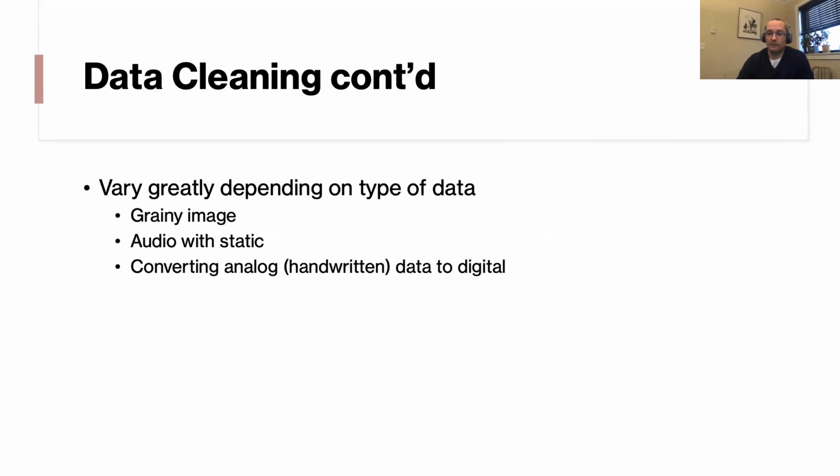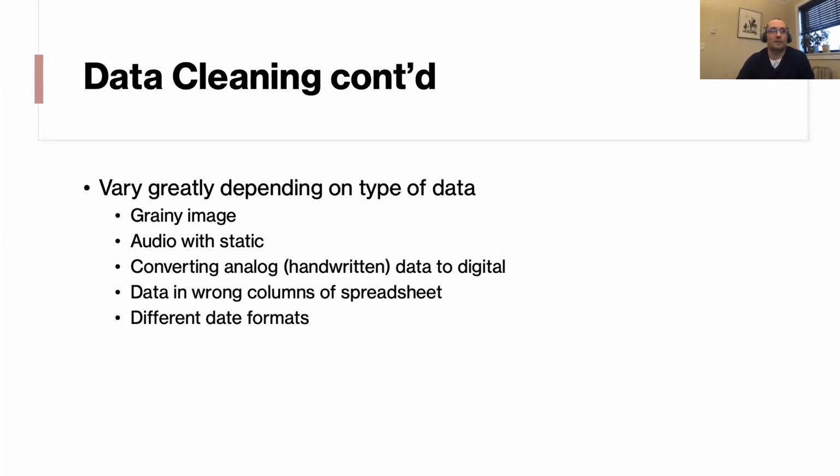We found occasionally a scientist will collect data and whatever comes off the sensor is going to be in a digital format, but maybe they'll write out their field notes in an actual notebook. So it's not ideal, but sometimes you'll have to convert handwritten data to digital. Other examples of data cleaning are having data in the wrong columns of a spreadsheet, or in different formats.